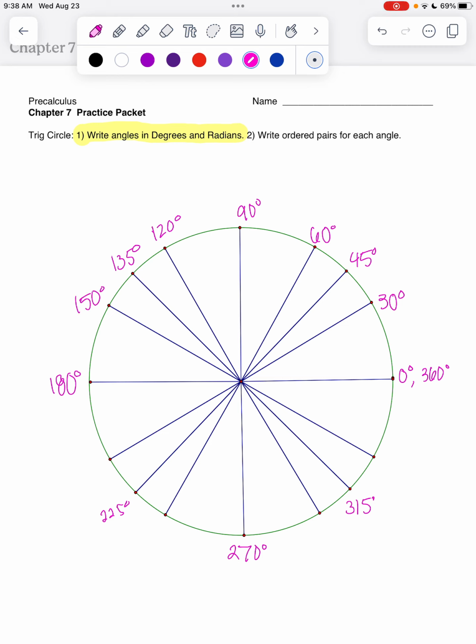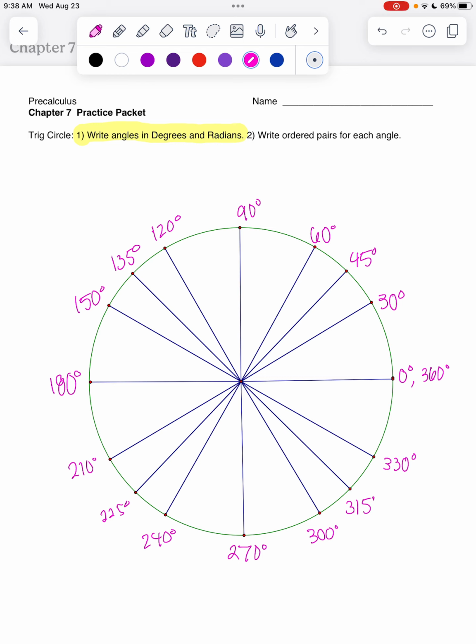Okay, we got, what is that, 210 degrees. We have 240 over there. We have 300. I'm just adding 30 from here, and then this gives us 330 degrees. Okay, cool. So now we have that all filled in.